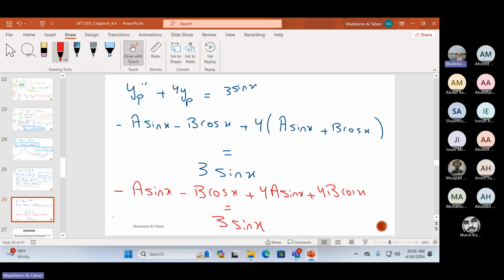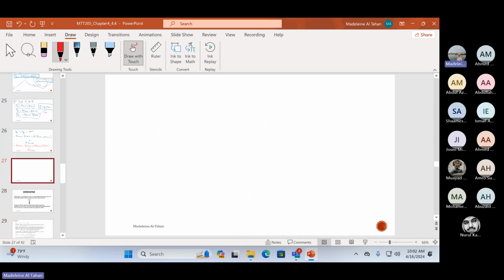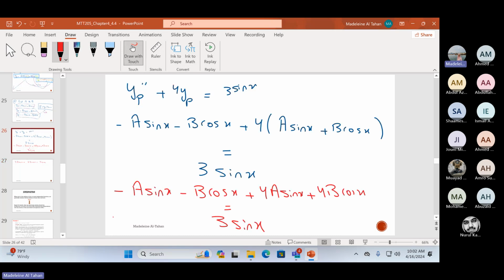Can we, miss? Yes. So minus A sine x plus 4A sine x is 3A sine x. And the second one is 3B cosine x, equal to 3 sine x. Right, miss? We agree that we will get this one from the red step in the slide.